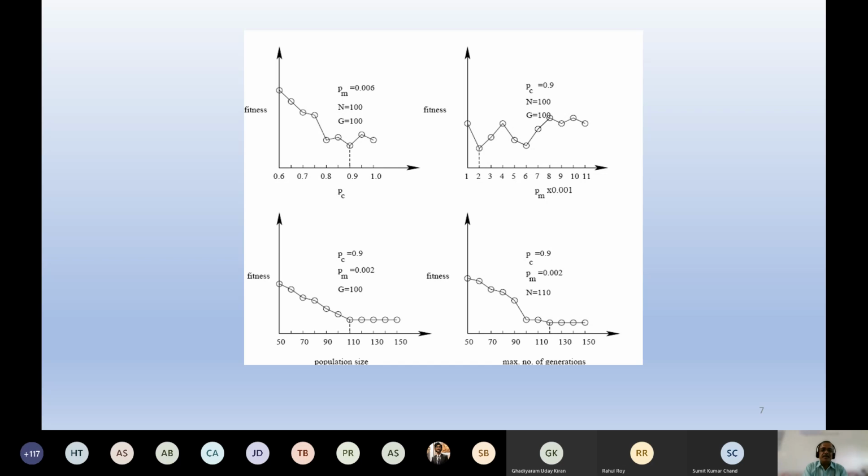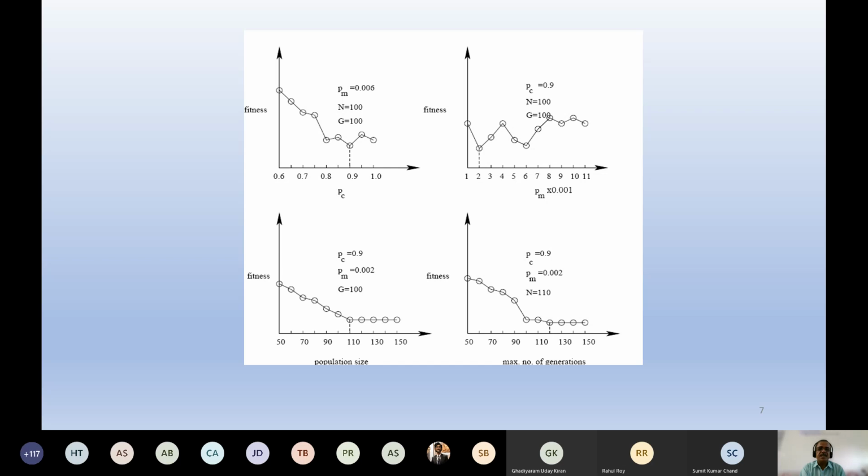For example, first we change the PC value from 0.6 to 1.0, and PM, N and G, the maximum number of generations, are set equal to their mid values.